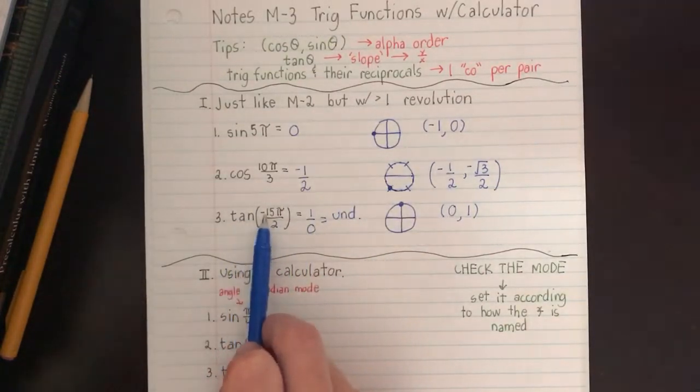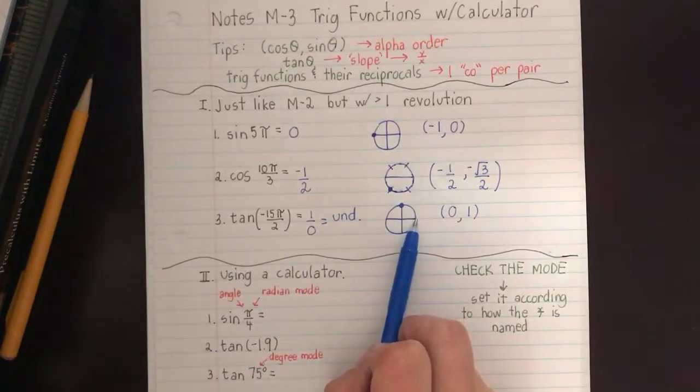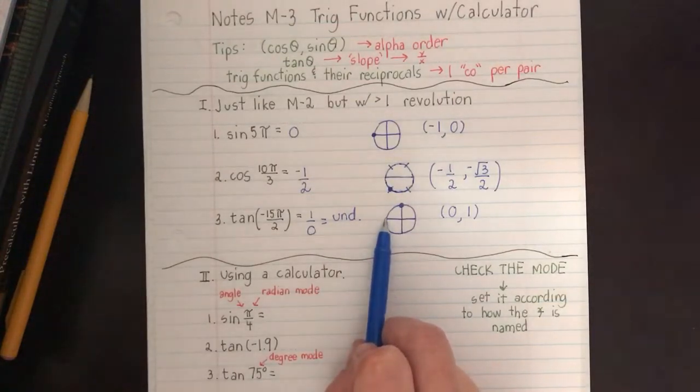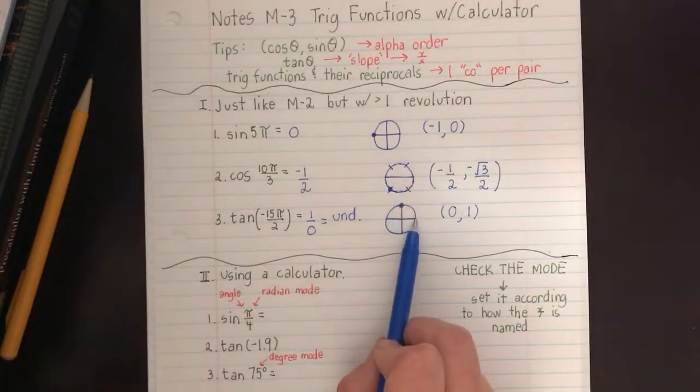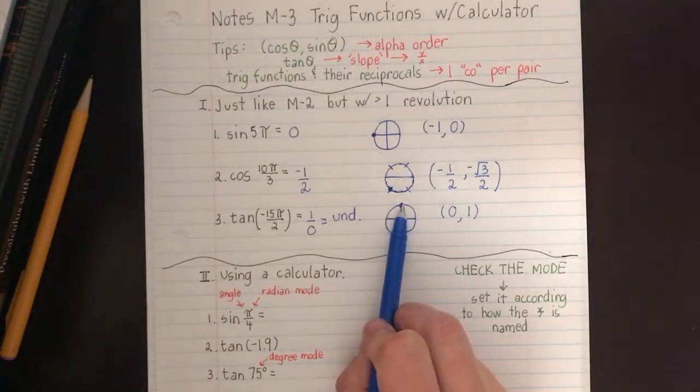For tangent of -15 pi over 2, we're talking negative, so we go down from our starting point at 0. I'm talking halves only, pi over 2 only, so this would be negative pi over 2, -2 pi over 2, -3 pi over 2, and so on down to -15 pi over 2.